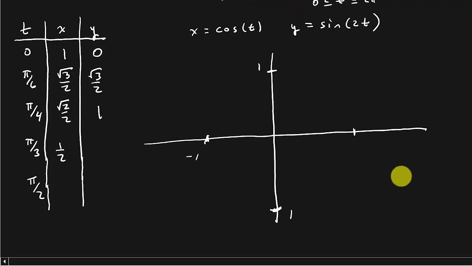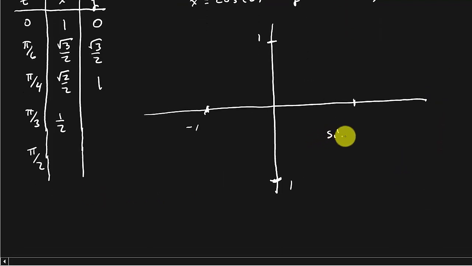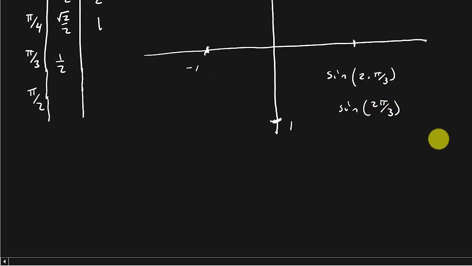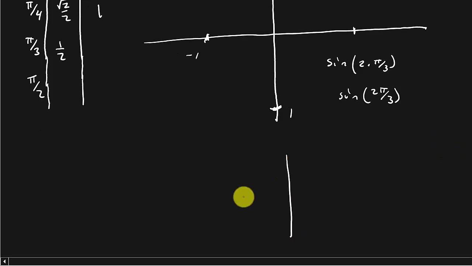All right, so let's maybe write this down. Sine of 2 times pi over 3. That's going to be the sine of 2 pi over 3. So we've got to figure out what that is, right? All right, so to figure that out, well, you just do this. There's 2 pi over 3 right here. Do you remember reference angles? Okay, there's your reference angle.